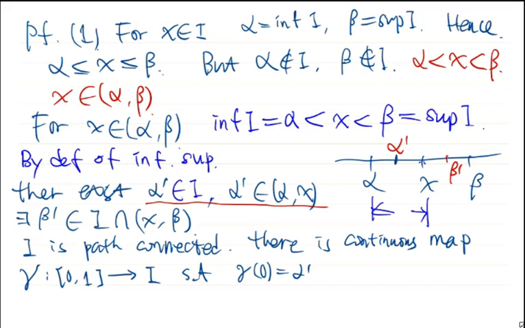Gamma 0 is alpha prime, and gamma 1 is beta prime.